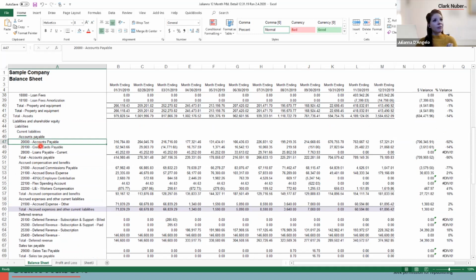Credit cards payable is, it's wonderful that QuickBooks lets you run your credit card similar to a bank statement. So use that credit card module within QuickBooks and reconcile it on a monthly basis so you have something to support your credit card payable balance. And then in this particular balance sheet, they reclassified the yearly amount due for loans payable.